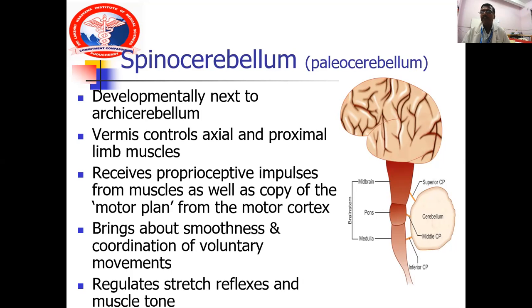This is a major function of the spinocerebellum, which will receive the proprioceptive impulses and copy of the motor plan from the motor cortex.